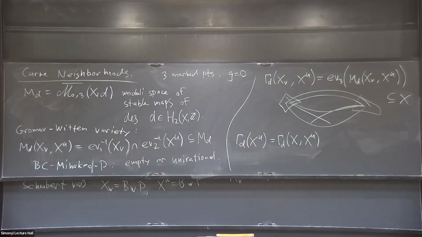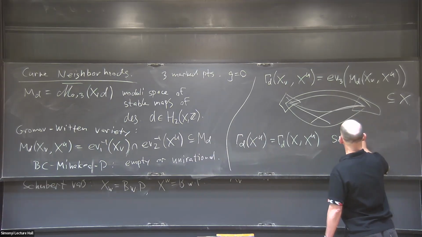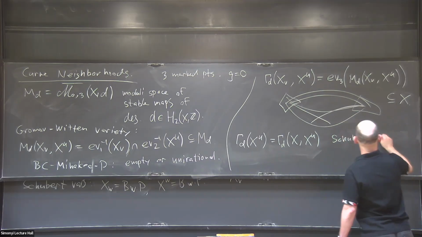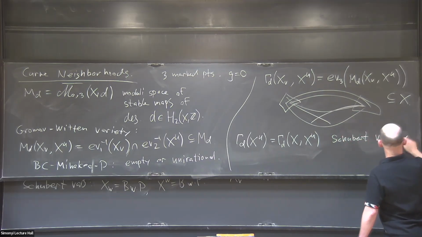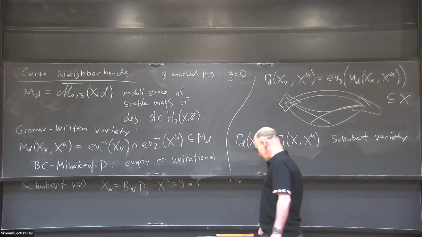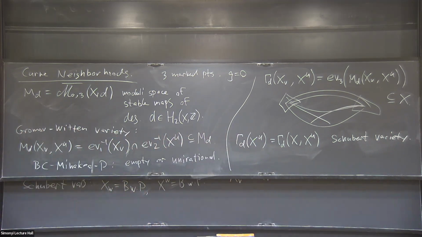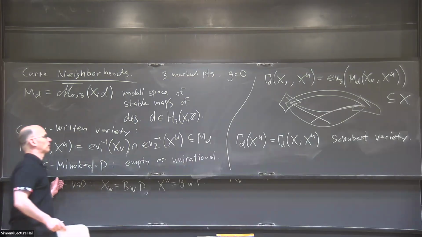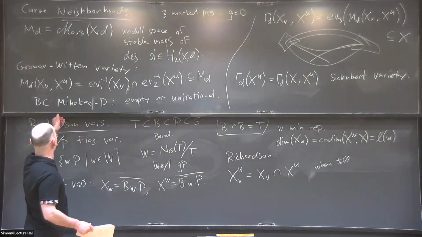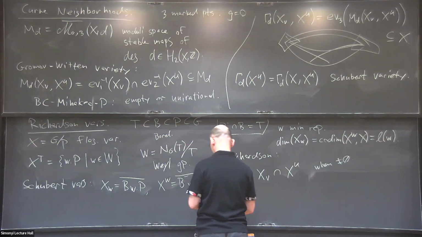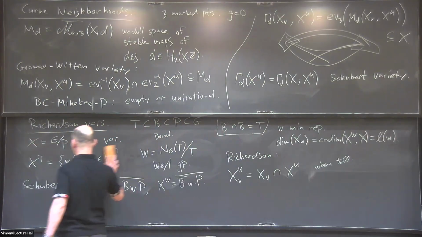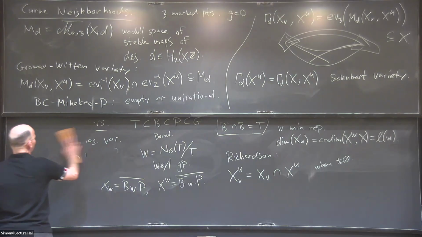This is irreducible, but it's also B-stable, so this is actually a Schubert variety. Leonardo and I wrote another paper where we give an explicit determination of the corresponding Weyl group element in terms of the Hecke product. So these are the curve neighborhoods, and they are related to quantum cohomology.